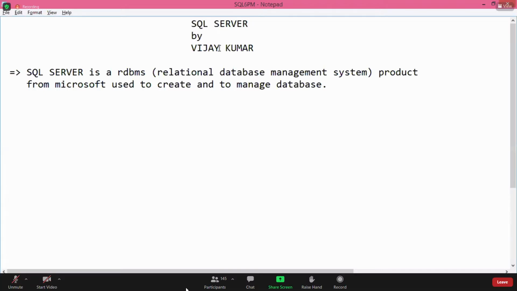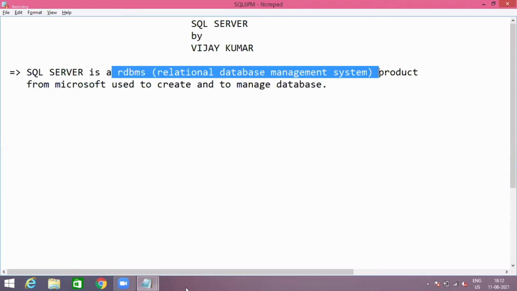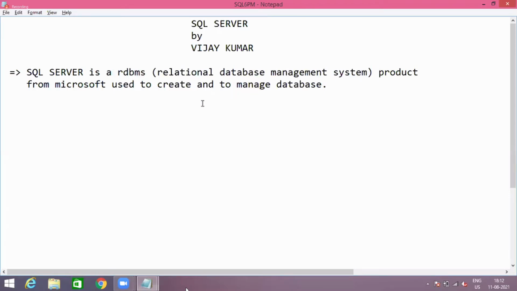Then, what is this RDBMS? RDBMS concepts were introduced by a person called E.F. Codd. E.F. Codd was an employee of IBM.